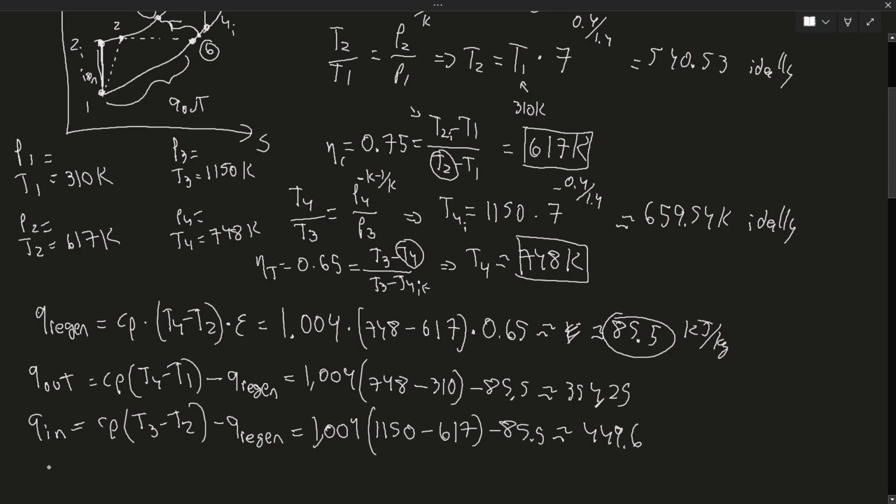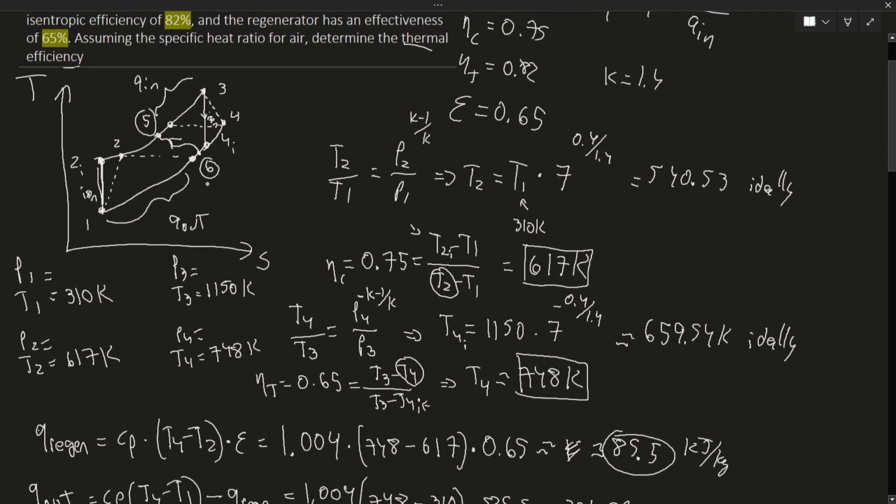And the thermal efficiency is 1 minus Q out divided by Q in, equals 1 minus 354.25 divided by 449.6. That's going to give us a value of about 21.6%.